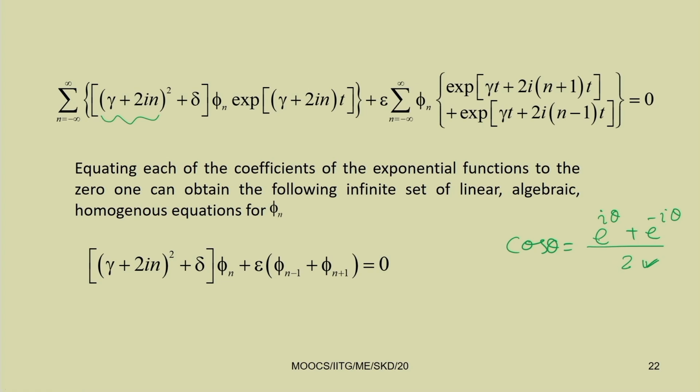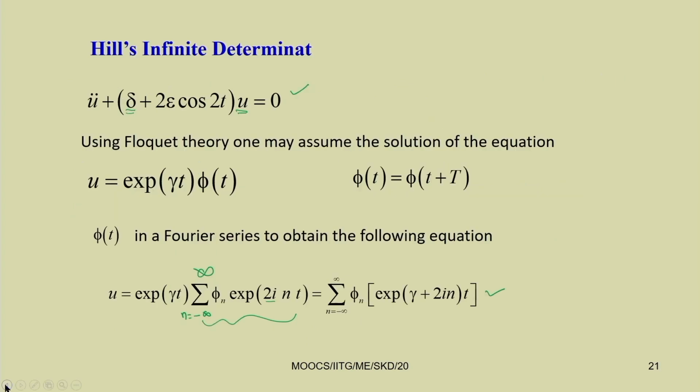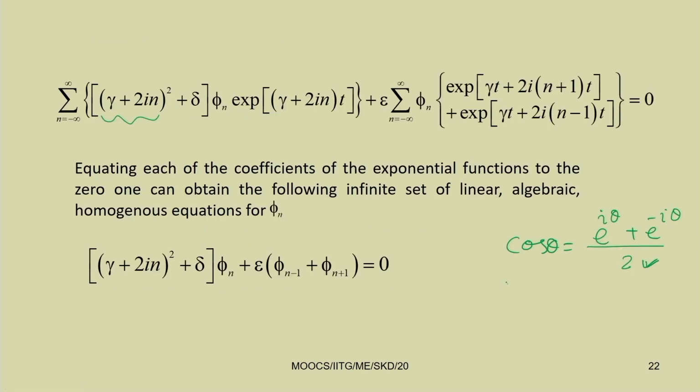Here we are taking cos 2 t, so it will be e to the power i into 2 t plus e to the power minus i into 2 t divided by 2.